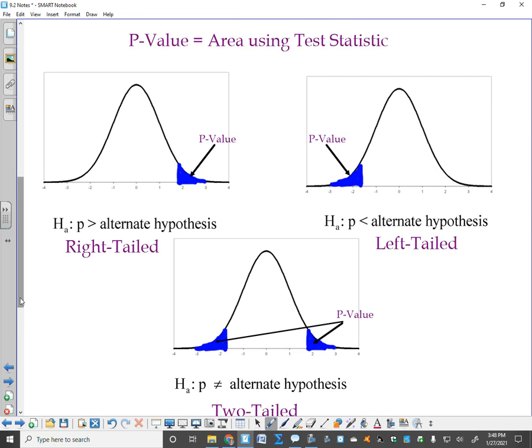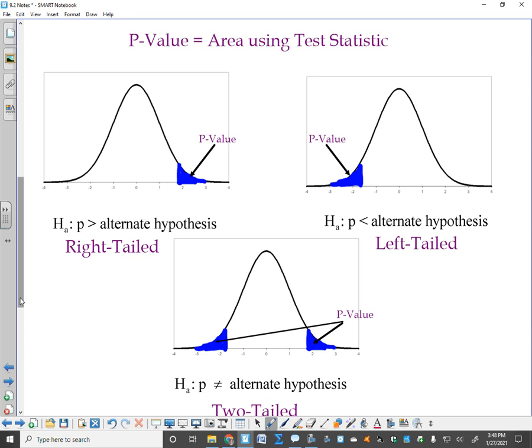Okay, your P value is the area using your test statistic. So you just found a Z. Now what you're going to do is use that Z to cut your normal curve.